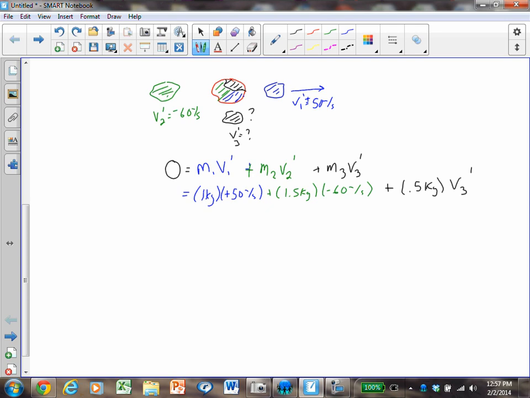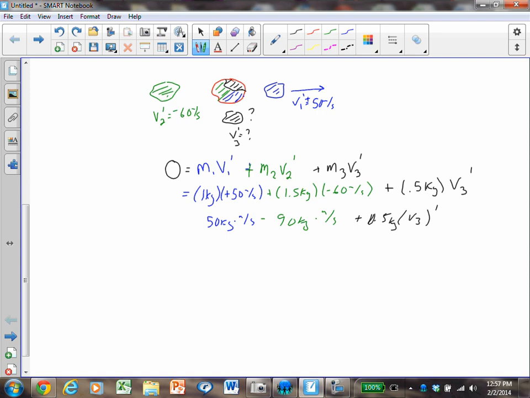So we get 50 minus 90, plus 0.5 kilograms times V3 prime. 50 minus 90 is minus 40.